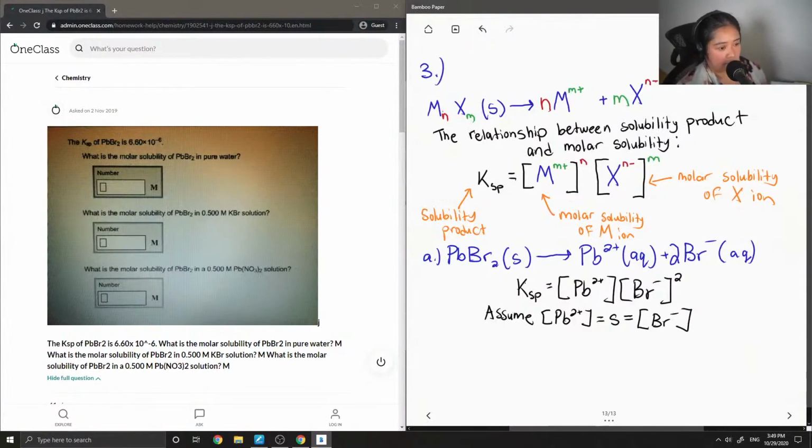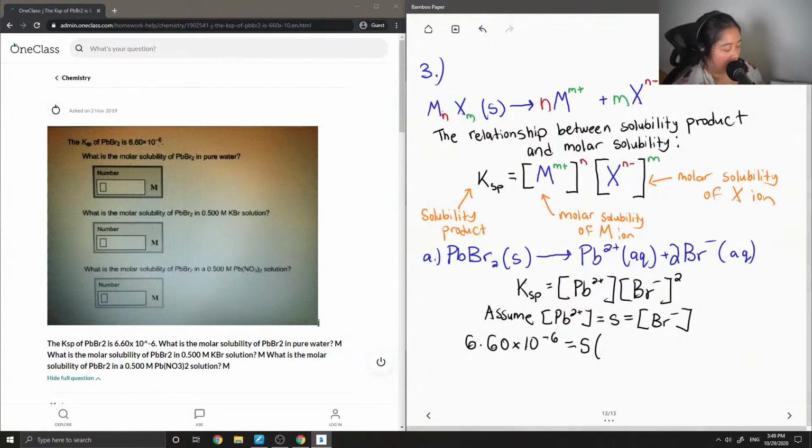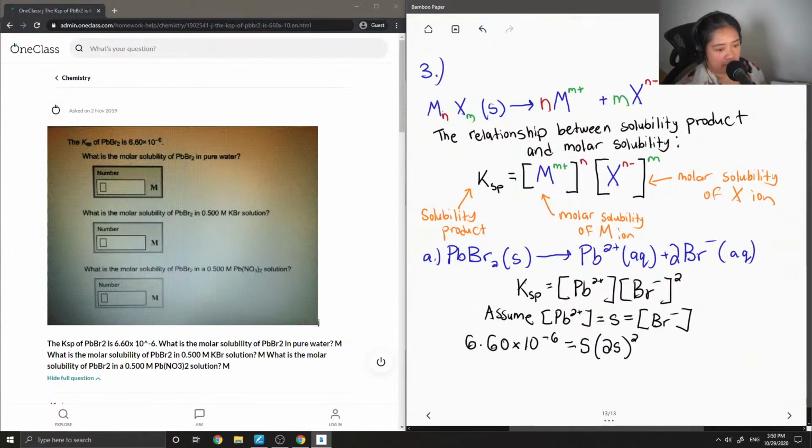So then for this question, since Ksp is 6.60 times 10 to the negative 6, that's going to be equal to S for the molar solubility of the lead times 2S squared. So that shows us our bromine ion.